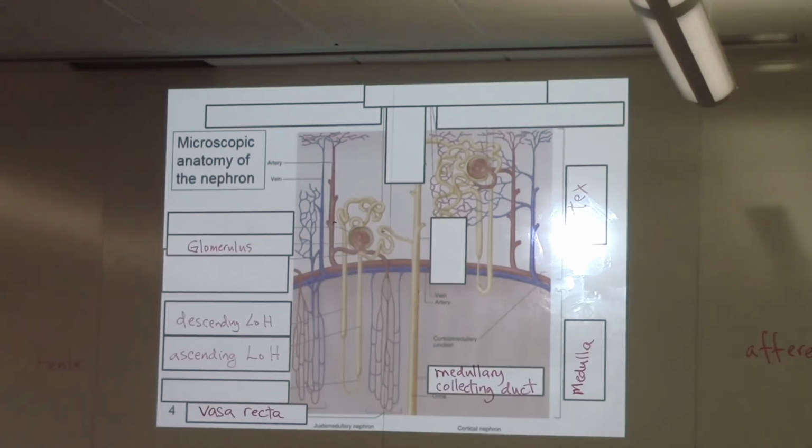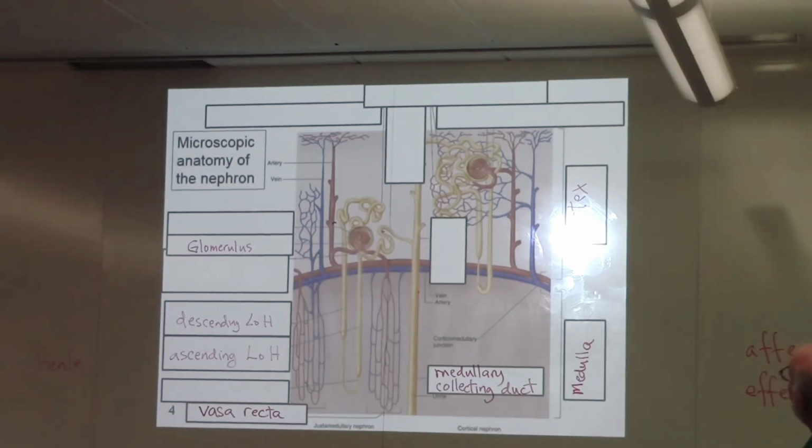The one going in to the glomerulus is the afferent arteriole, and the one coming out of the glomerulus, this one here, is the efferent arteriole. Going in is afferent, going out is efferent. That's what brings the blood to the glomerulus for filtering.